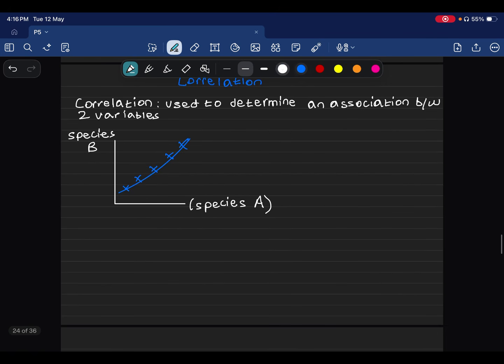This is telling us that as species A increases, it also means that species B increases. Or you could say as species A increases, B also increases. Here's the important question.